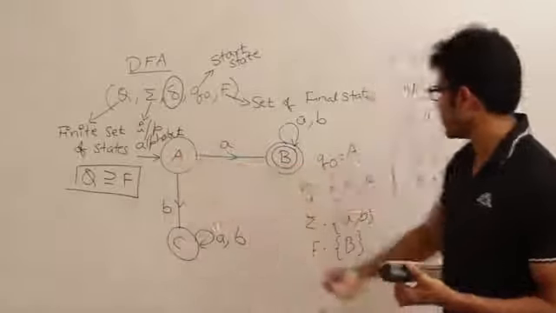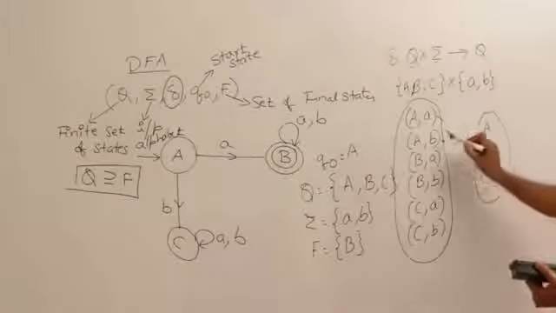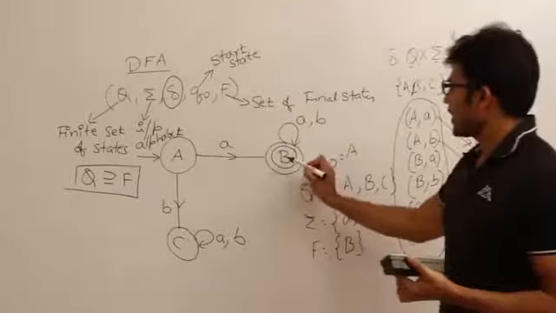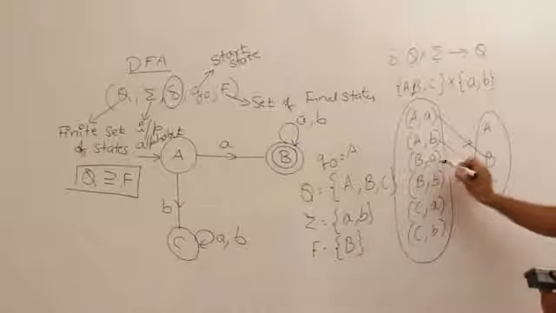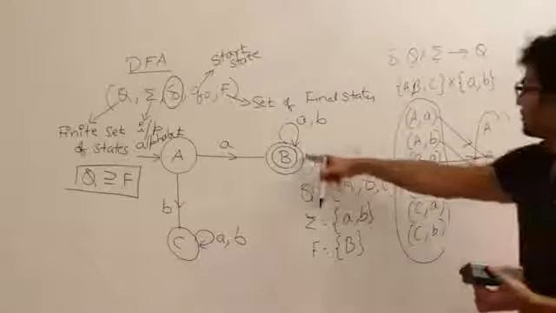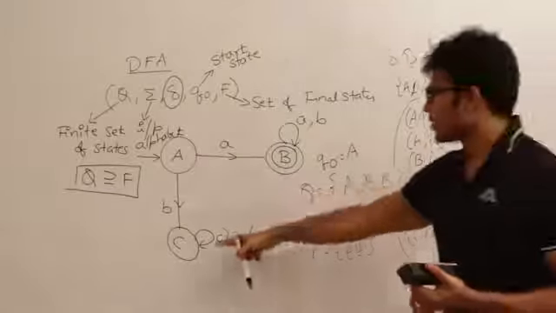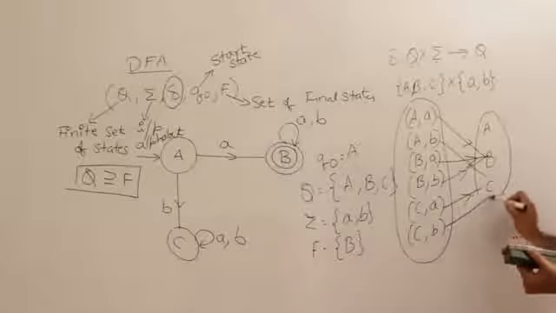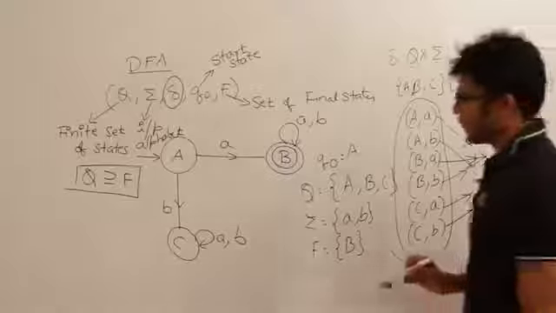It is going to C. Capital B on small a is going to B. Capital B on small b is going to B. Capital C on small a is going to C, and state C on small b is going to C. So this is the transition function.